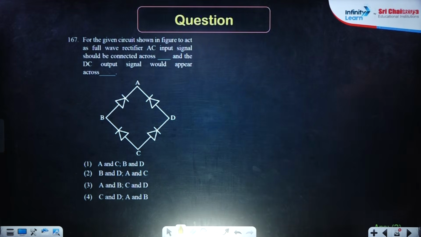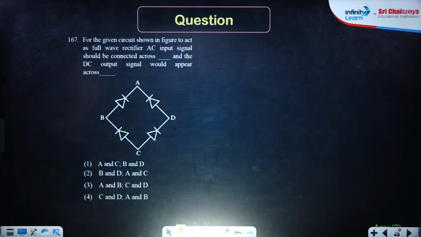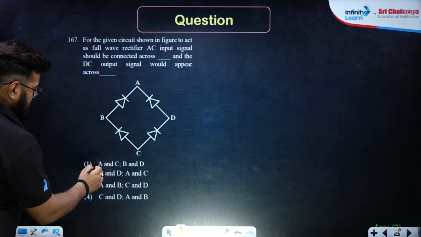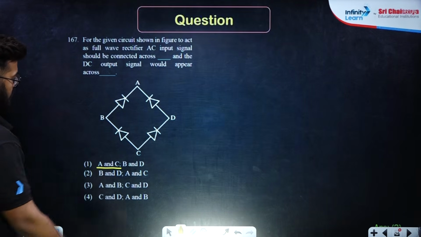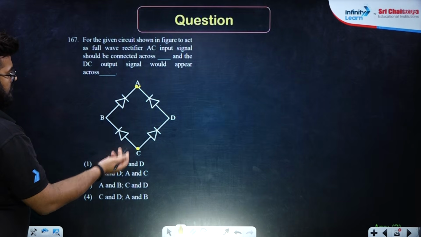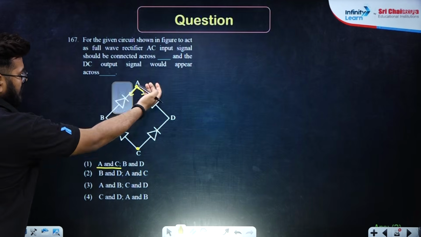Right. Next, for which of the given circuits shown in the figure to act as a full wave rectifier, the AC input signal should be connected across this and the DC output signal would appear across this? No problem. It's better to look at the options. If you are applying across A and C, then sir, how can this be rectified? It is in reverse biasing.